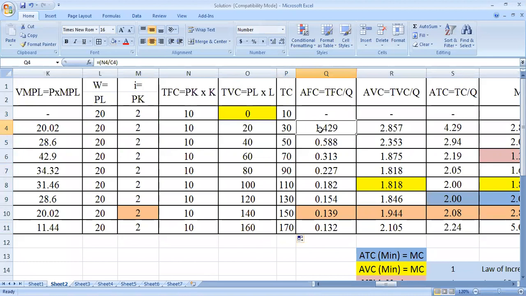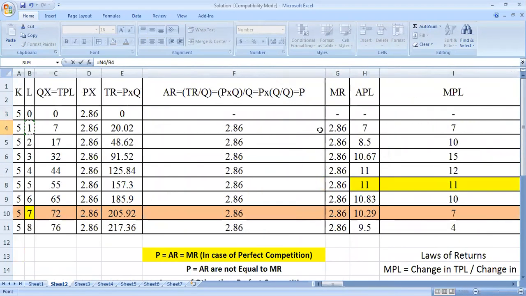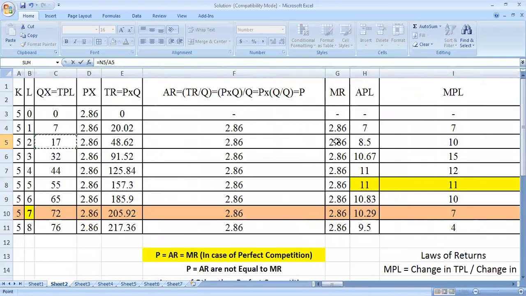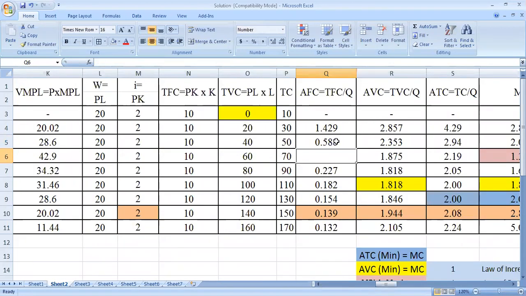Average fixed cost is obtained by dividing total fixed cost by the level of output. So let me just remove a few values for you. Total fixed cost is 10, dividing it by the level of output, which is 7. So the answer is 1.429. Then again dividing 10 by the level of output 17, the answer is 0.58.